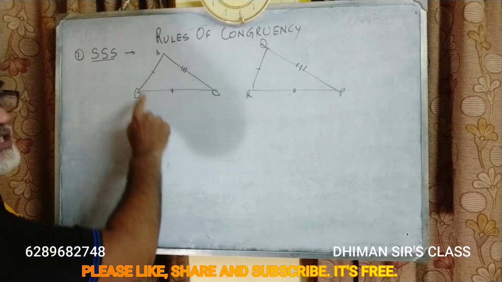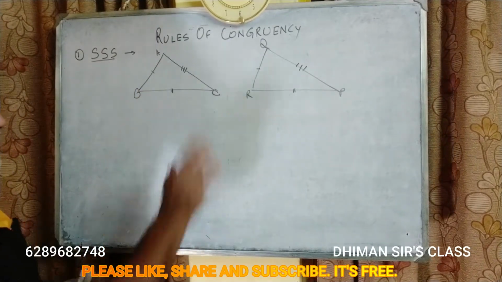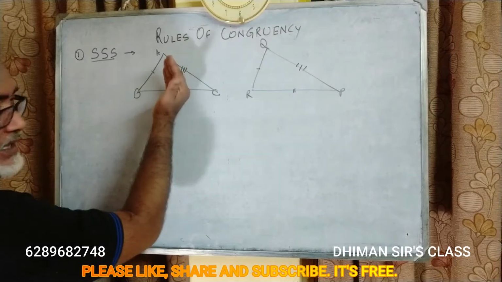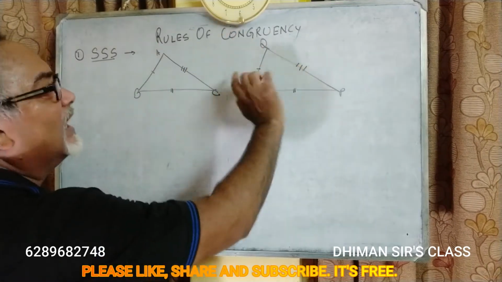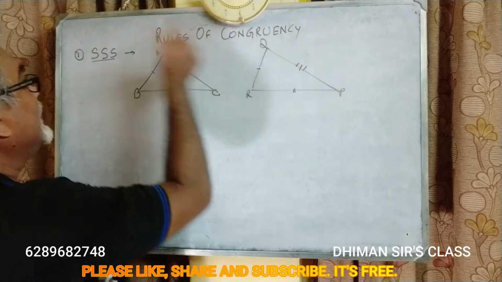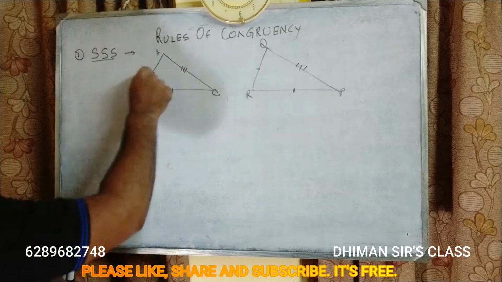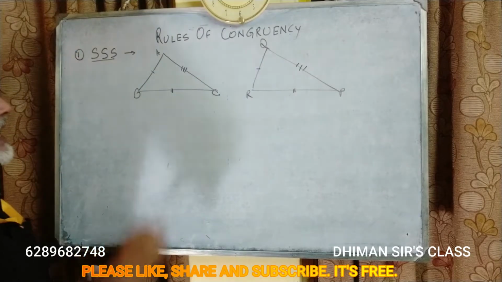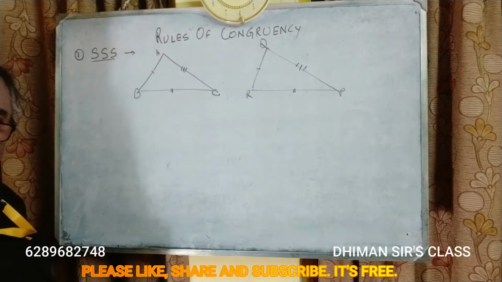So there are three sides of the triangle and three sides are marked. Therefore, side rule. This single triangle will tell you which rule is applied here. By applying the side rule, these two triangles are congruent to each other.